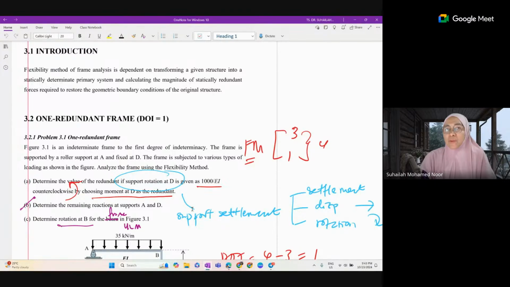So we still have to apply the principle of superposition, and from that we produce the compatibility equation, which is the displacement at the redundant position. We will solve for the redundant by solving the compatibility equation.